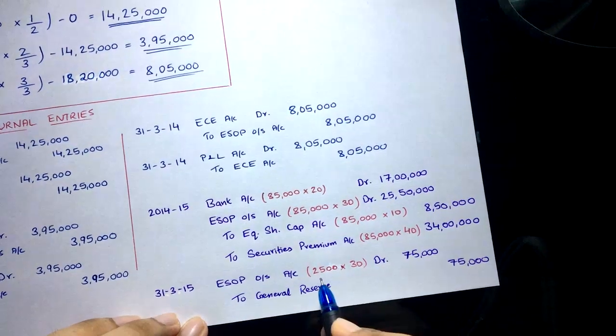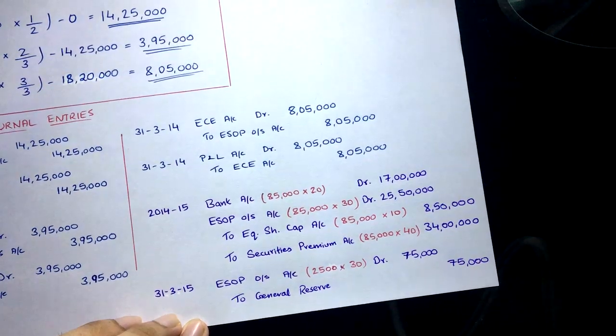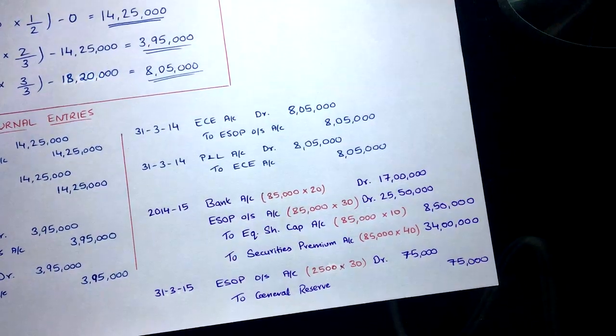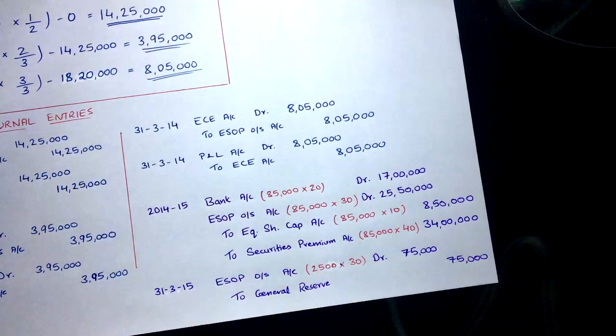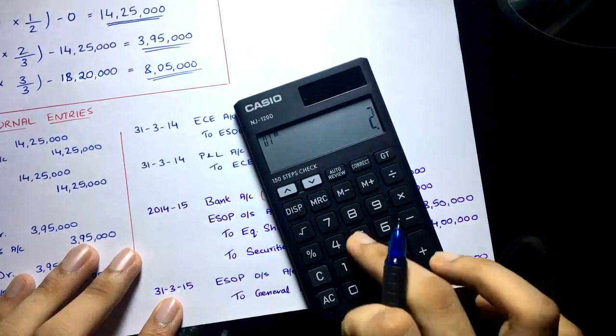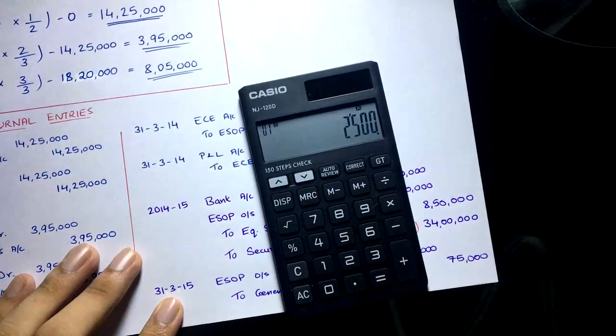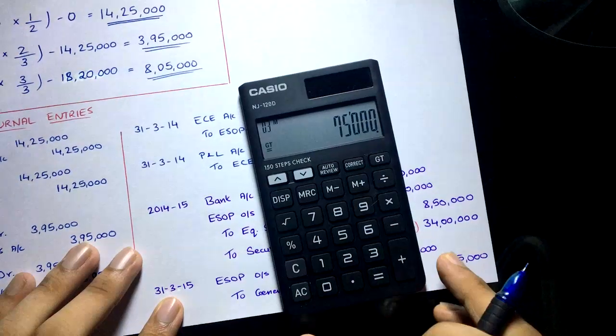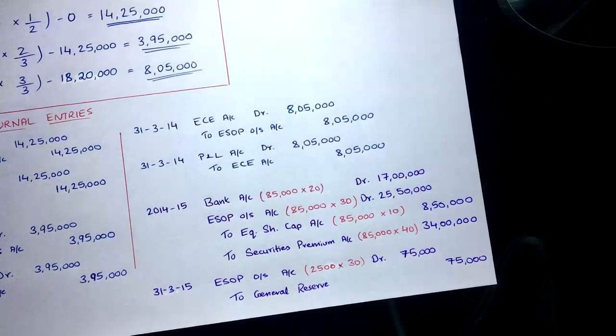ESOP outstanding account 2,500 into 30. Why 30? Value of option. I've always told you ESOP outstanding always plays on value of option. So 2,500 options lapsed into 30 is equal to 75,000. So 75,000 will go to general reserve.